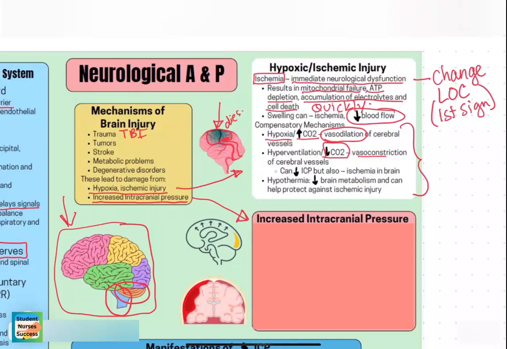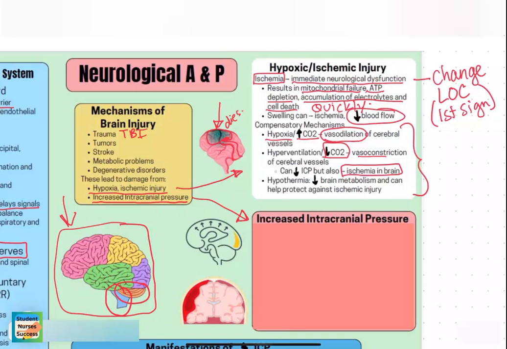So, we might be able to, in brain injury, actually alter respiratory rate in order to kind of reduce swelling in the brain. So, when we do have increased intracranial pressure, we could hyperventilate our patient and it does decrease the swelling. However, it may also cause decreased oxygen to get to the brain. So sometimes that results in more trouble.